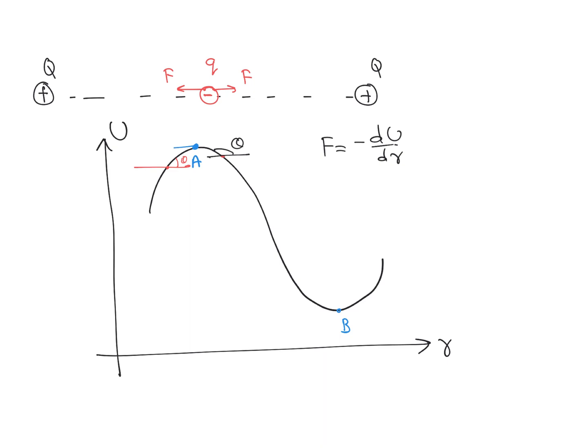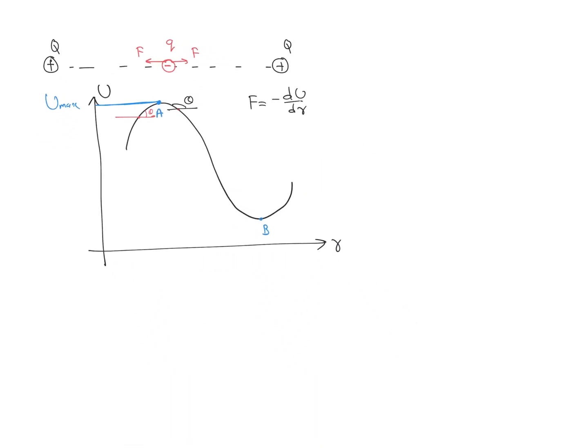One more thing we can observe is that at unstable equilibrium, the potential energy is maximum. And we know the condition for maxima: the value of d²U/dr² should be negative. So this is the condition for maxima or unstable equilibrium.